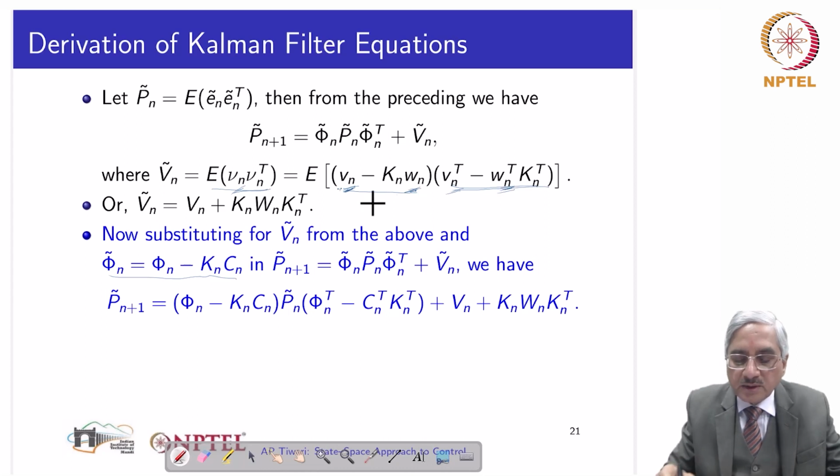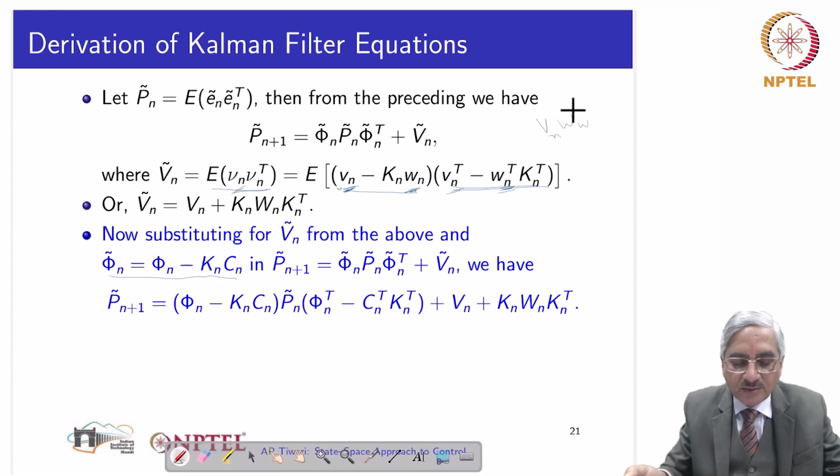So those terms which involve the products like V into W, Vn, Wn, their expectations will be 0. Only the Vn Vn transpose and Wn Wn transpose terms will be there. So this will become expectation of Vn Vn transpose plus Kn into expectation of Wn Wn transpose into Kn transpose.